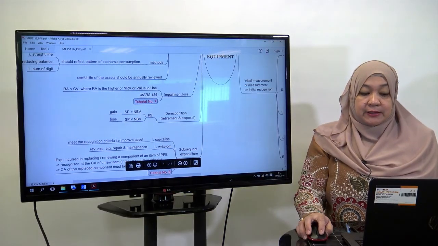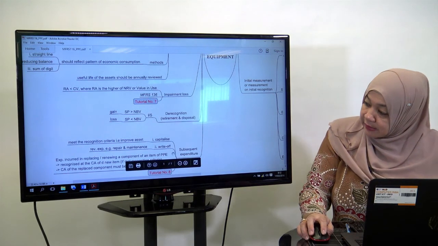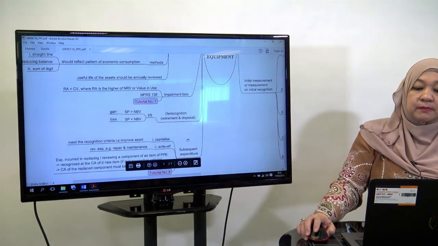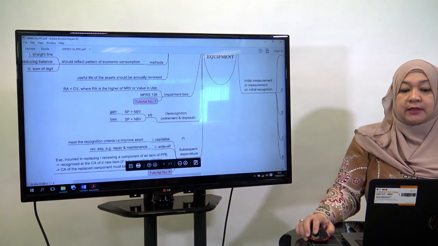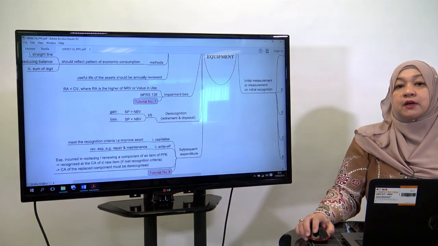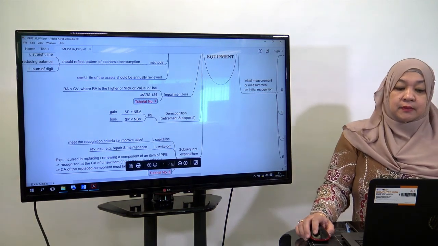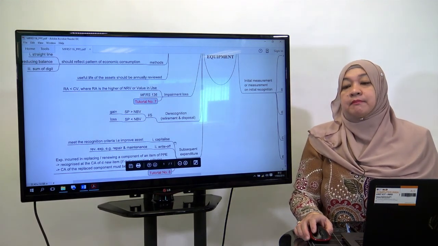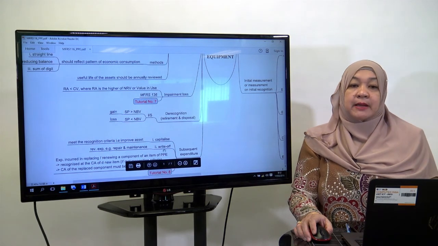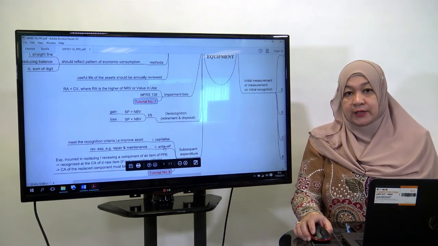Now, subsequent expenditure. Okay. So let's say you have a non-current asset. For example, you have a motor vehicle. Over time, you may incur some expenditure on that motor vehicle.